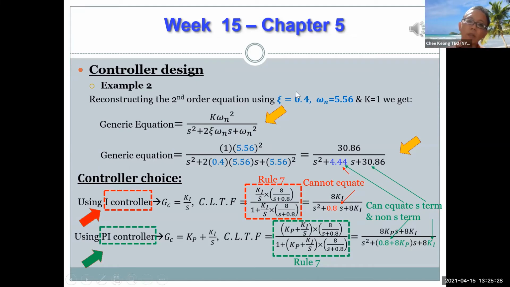Just now we found zeta and omega n not to find the timing parameters, but to reconstruct the generic equation. With zeta and omega n, the generic equation is given by k omega n squared over s squared plus 2 zeta omega n s plus omega n squared. With this zeta and omega n, you just need to plug them in. Of course, we don't know the value of k, but we can assume that k is equal to 1.